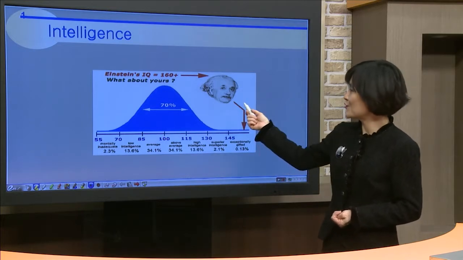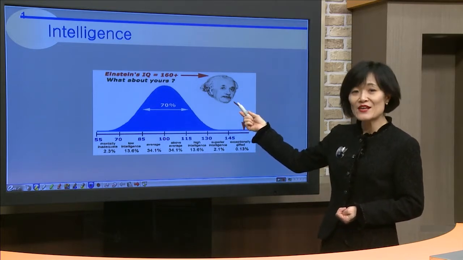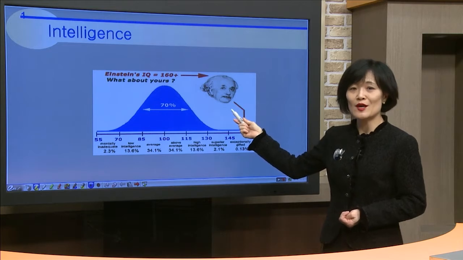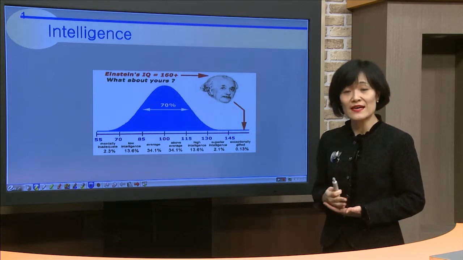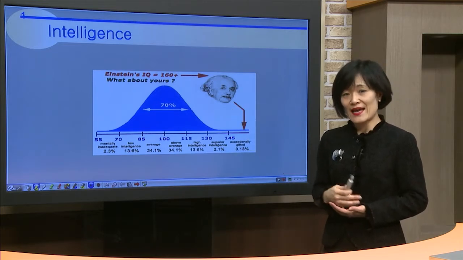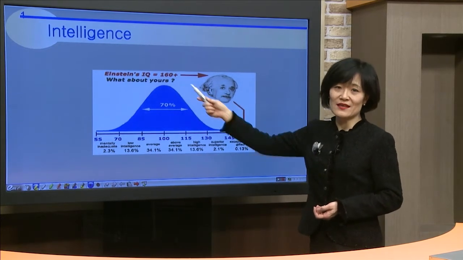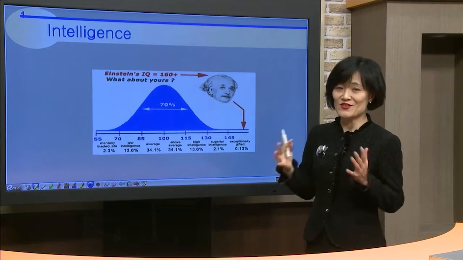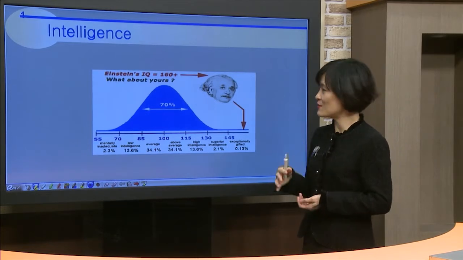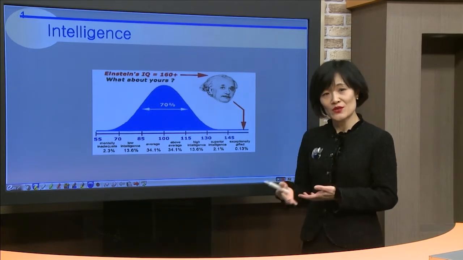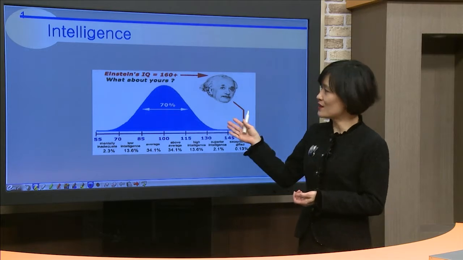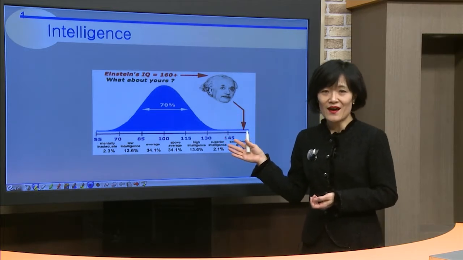Just to see, you know that this person is Einstein, who is very smart and probably one of the most intelligent men in our history. His IQ is approximately 160. That's just an approximation, and we imagine it based on his achievements. And what do you think about your IQ?